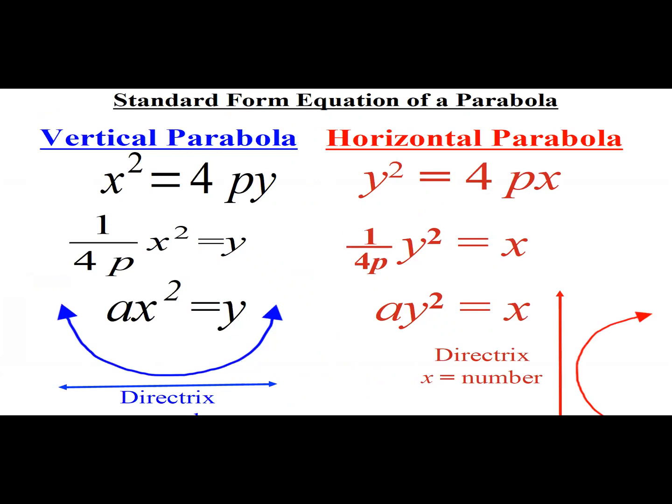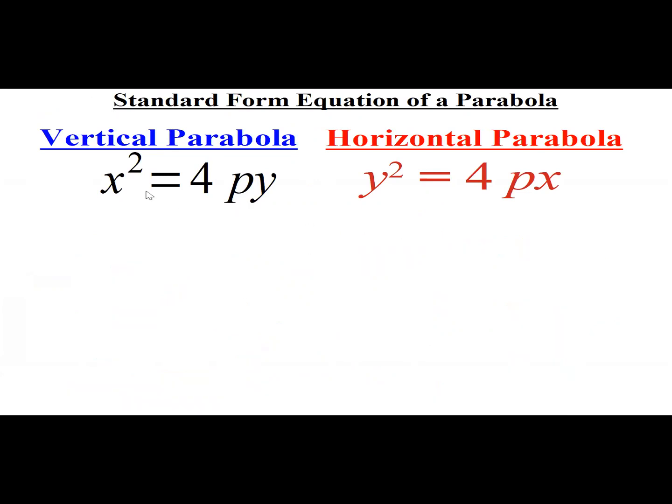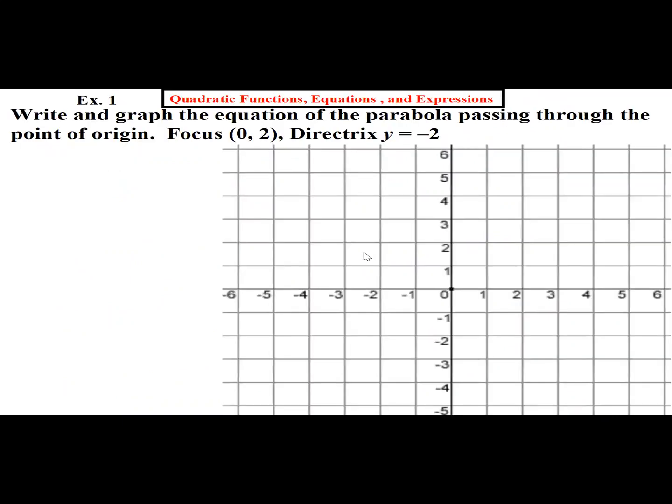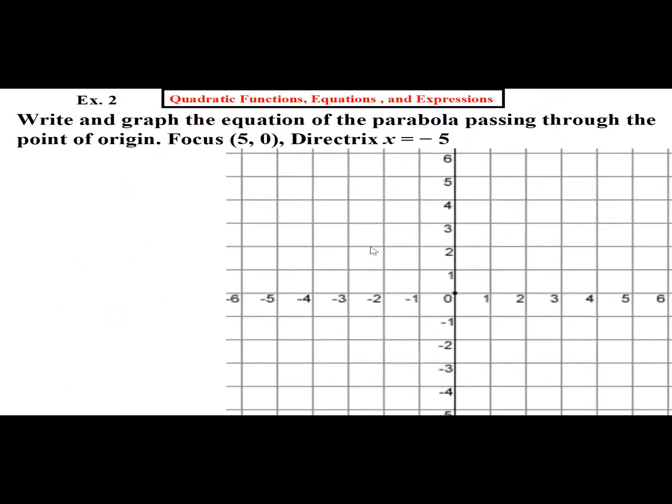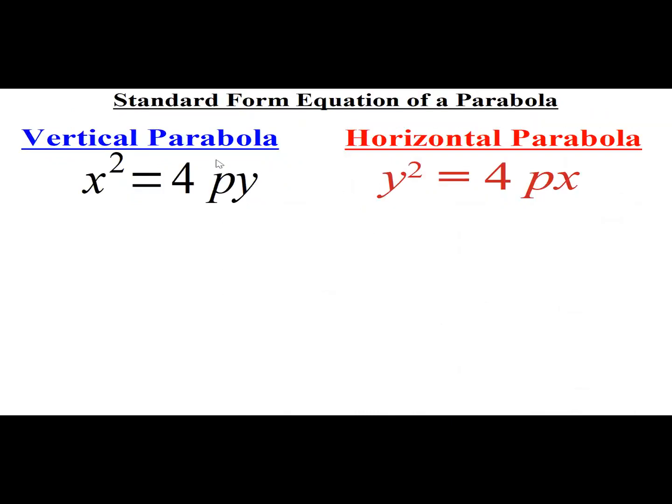Vertical opens either up or down. Horizontal opens either to the right or to the left, and always towards the focus, yes? We focused first on these two: x squared equals 4py for the vertical, y squared equals 4px for the horizontal. We did some examples of each, and then we came to the conclusion that those two always cross through the origin, 0, 0, for the vertex. Your vertex was always at 0, 0.